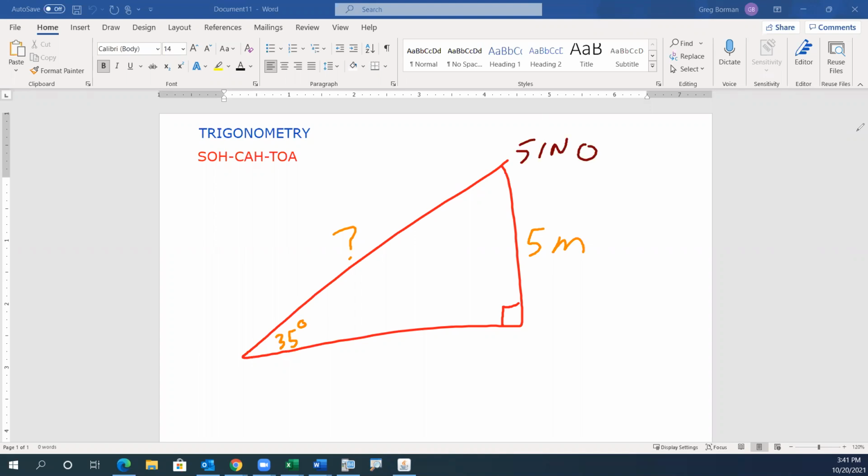Sine of an angle, and this symbol here is just a variable that represents an angle, like maybe 35 degrees, equals the opposite side divided by the hypotenuse. Look at that: SOH. S for sine, O for opposite, H for hypotenuse.